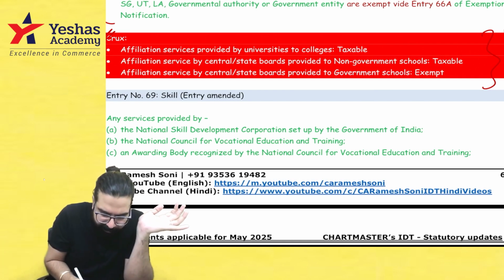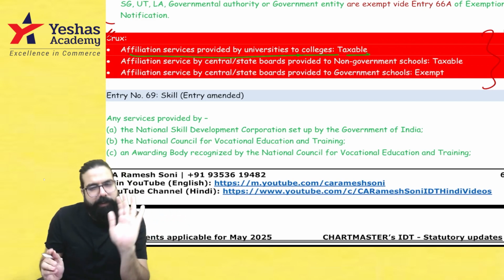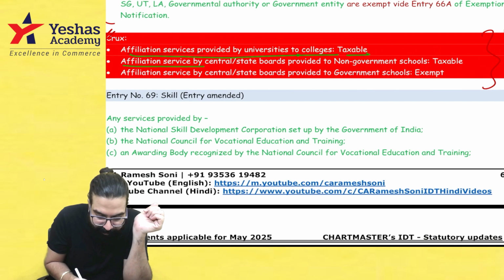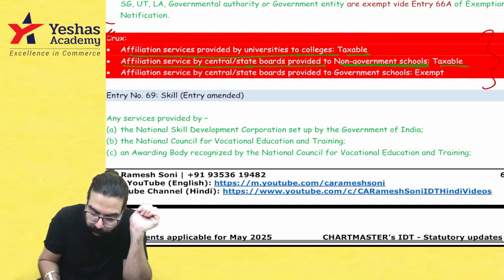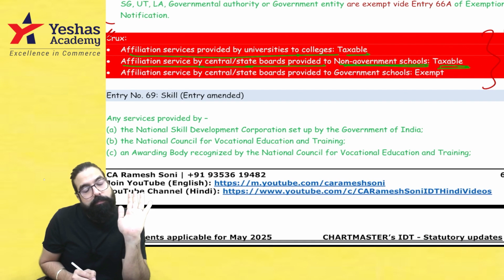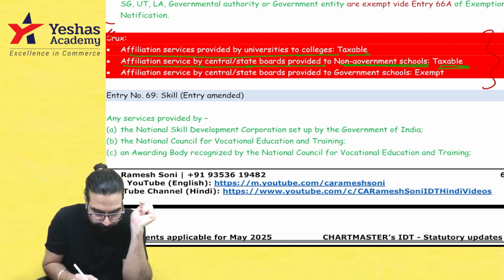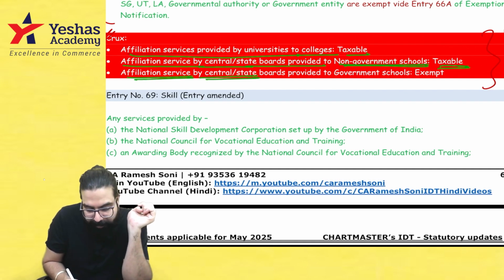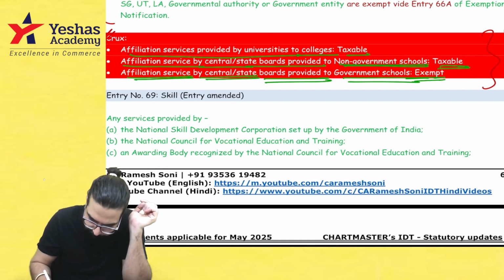Remember, affiliation services provided by a university to a college is taxable. Affiliation services provided by central board, state board to a non-governmental school is taxable. Affiliation services provided by central board, state board to a government school is exempted. Only this point is there, that government school is exempted.